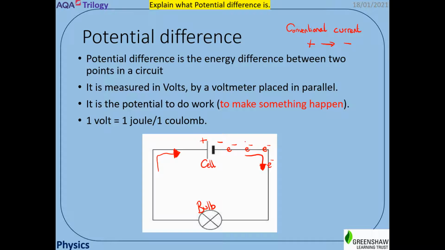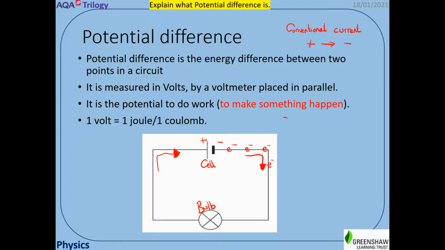Okay, so what is actually happening? So we talked yesterday about charge, and charge is where you've got a coulomb of electrons. Now remember, a coulomb of electrons is just a specific number of electrons moving around the cell. And the amount of those electrons moving around the cell will give rise to the current.